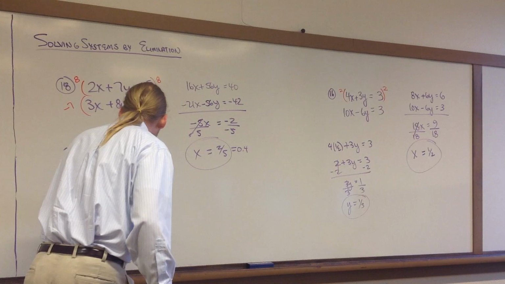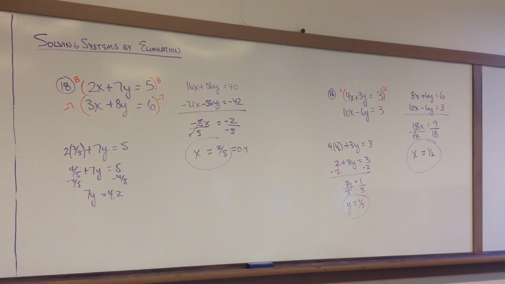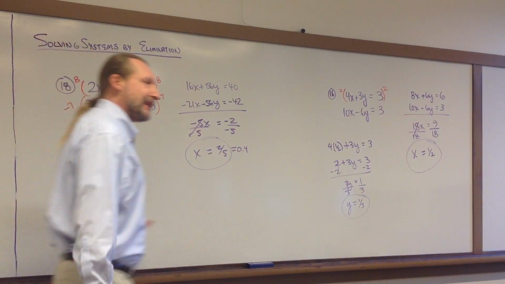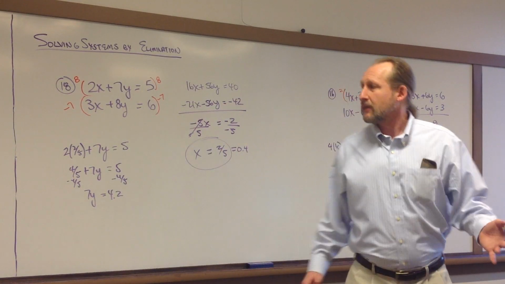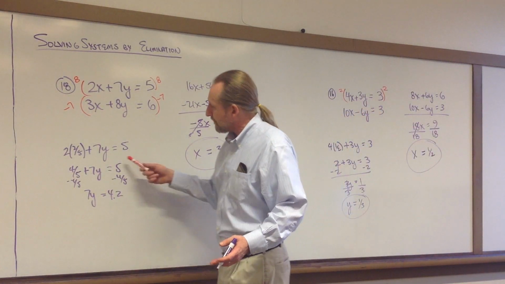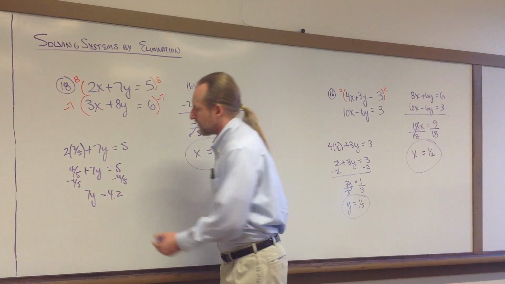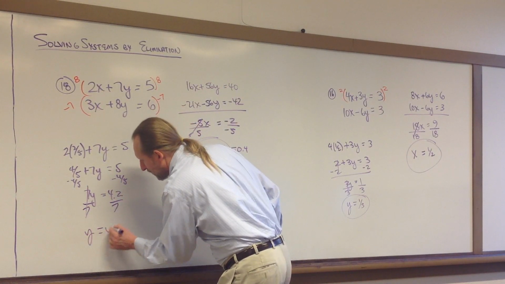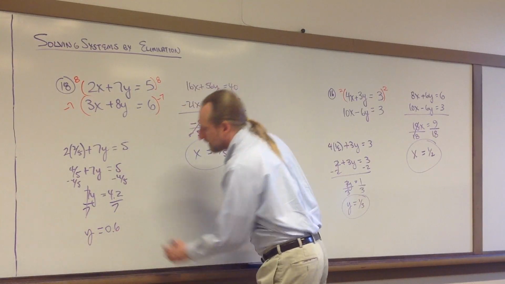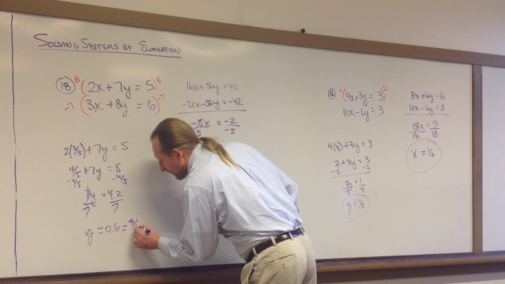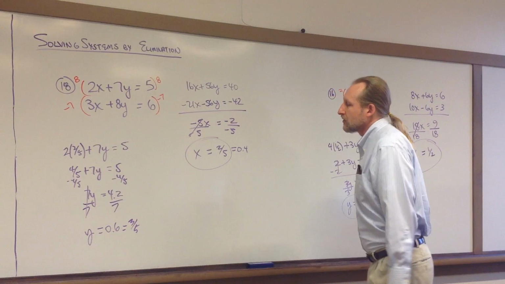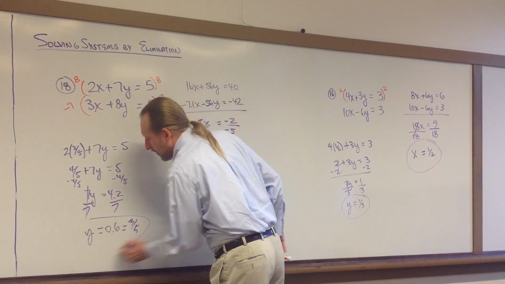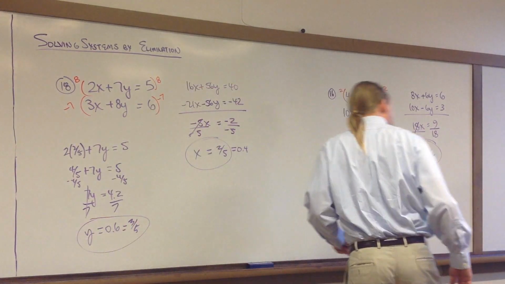You can call this 4 1/5. Here's a place where the decimal actually works out really nicely, right? This is 0.8, 5 minus 0.8 is 4.2. And now if we divide on both sides by 7, we'll get y as being 0.6, which is 3/5. Okay, so we've got x equal to 2/5, y equal to 3/5.